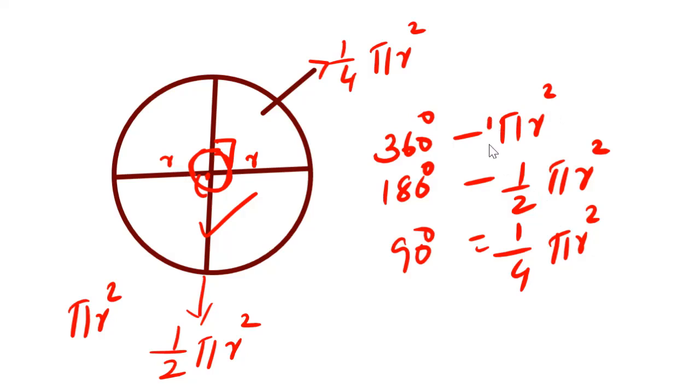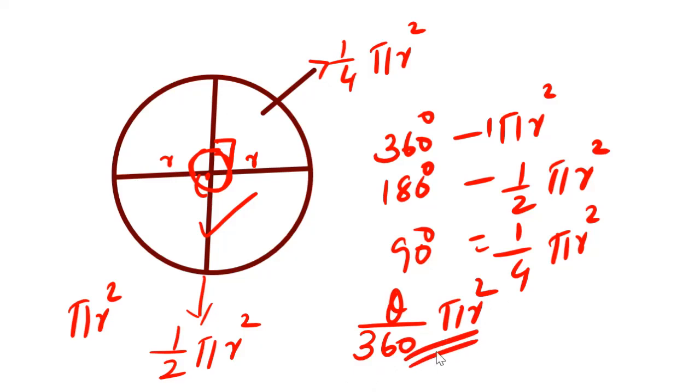That means this is 1 pi r square, 1/2 pi r square, 1/4 pi r square. So 90 degrees should give 1/4. That means we are in a position to understand that if theta is the measure of the sector, or the central angle created by these two radii, and you divide theta by 360 and multiply by pi r square, the formula will work.